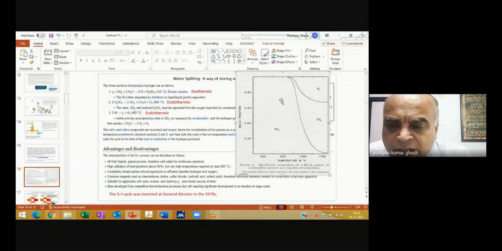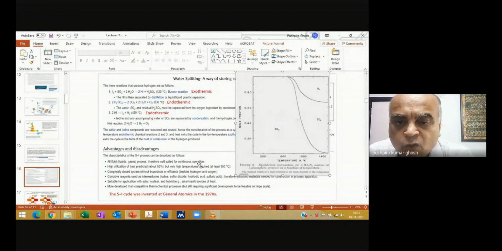Now, at different temperatures, you will see different behavior. If the temperature is below 700 Kelvin, it will want to remain as SO3. But if I increase the temperature, then for some time I'll get both SO3 and SO2 being co-present, and if the temperature is very high, then there will be no SO3 formation and it will be only SO2.